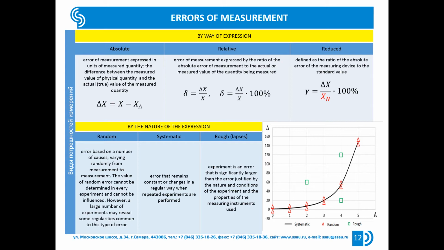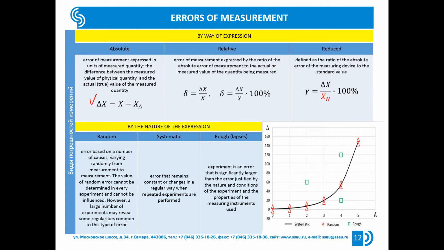Absolute error of measurement is the error of measurement expressed in units of the measured quantity: the difference between the measured value of the physical quantity and the actual value of the measured quantity. The absolute error says little about the actual accuracy of the measurement.